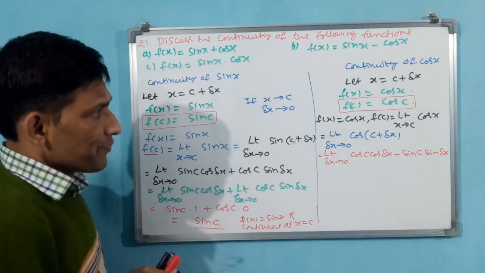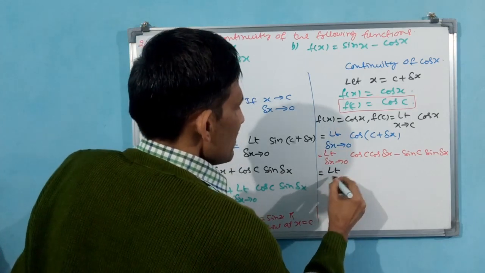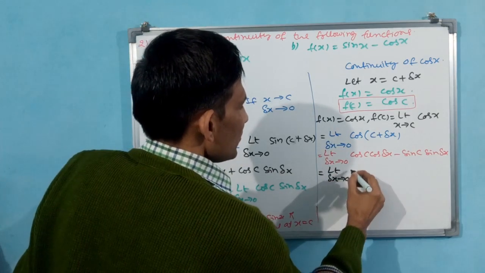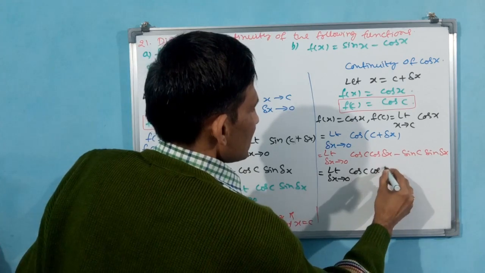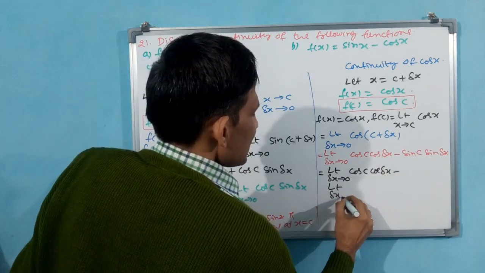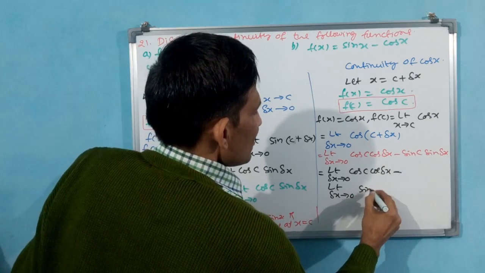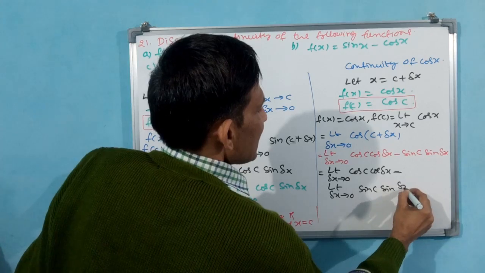Now you see, that is equal to, you split this. Limit delta x tends to 0 of cos c cos delta x, minus limit delta x tends to 0 of sin c sin delta x.